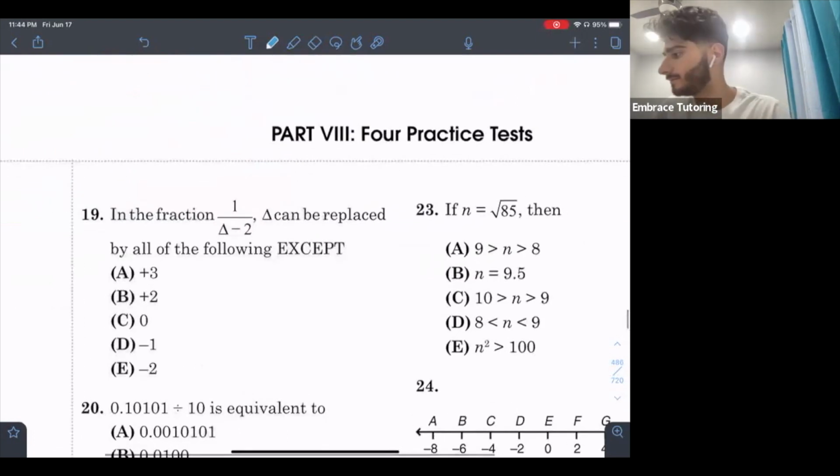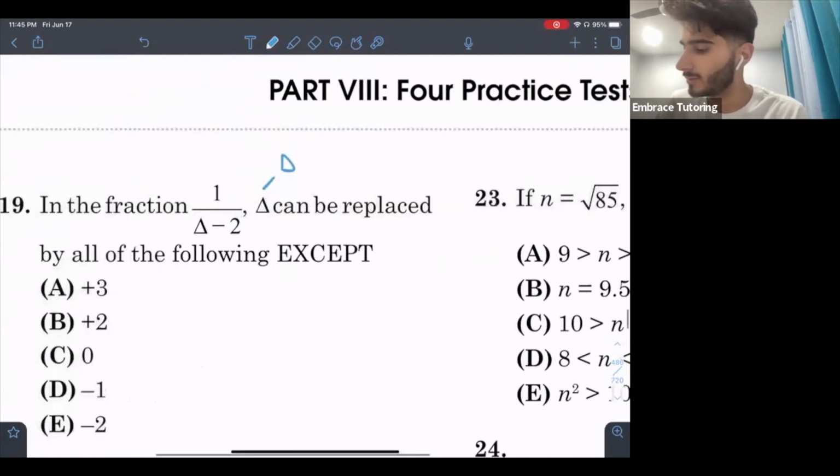Question 19. In the fraction 1 over delta minus 2, delta can be replaced by all of the following except, where delta is also the triangle sign. So it's asking which of the following values of delta can't be used.